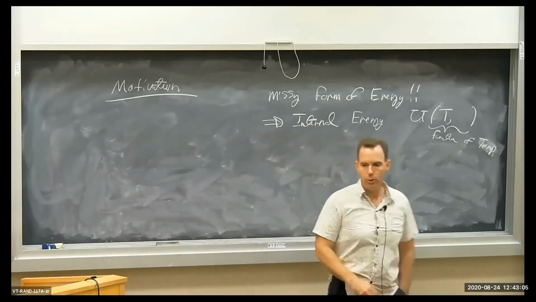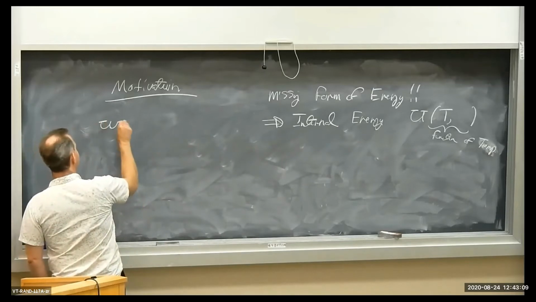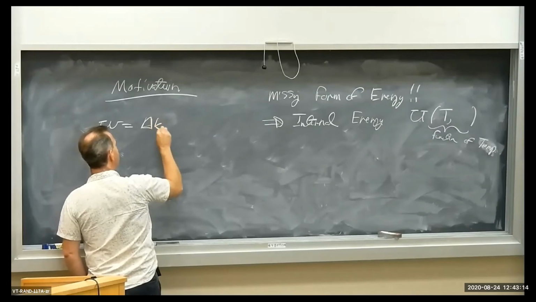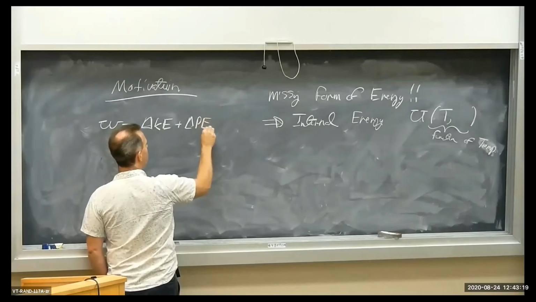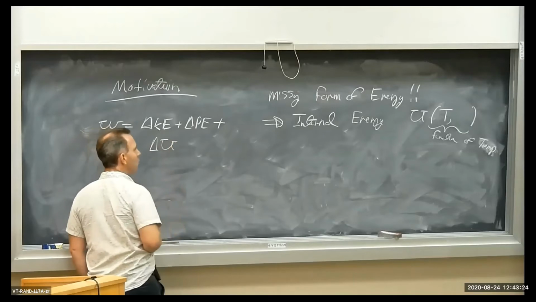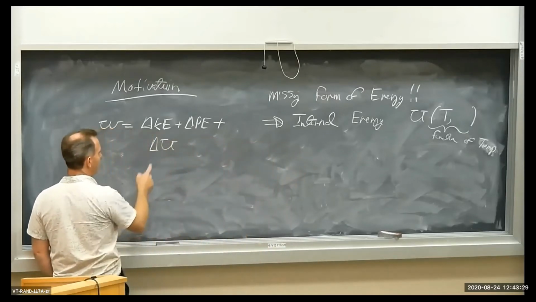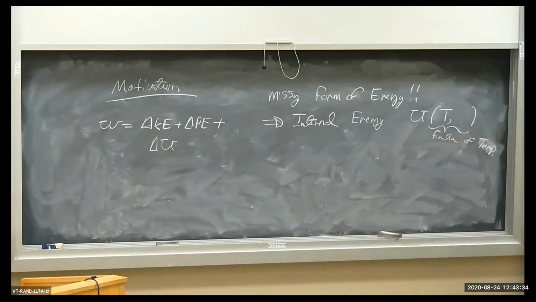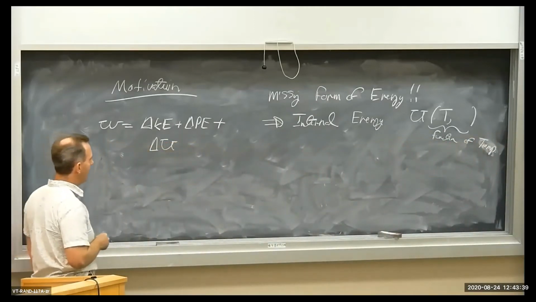So let's write our new energy balance. Work equals change in kinetic plus change in potential plus change in internal energy U. We got a new term, a new kind of energy, internal energy, all right?